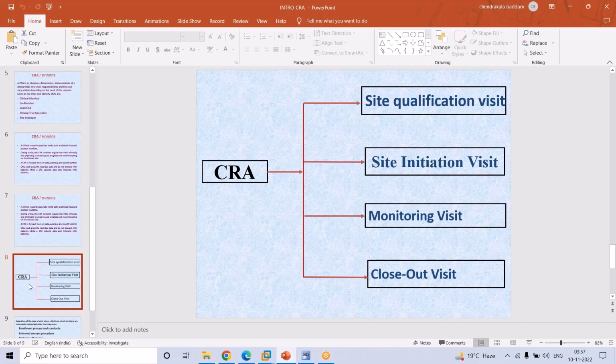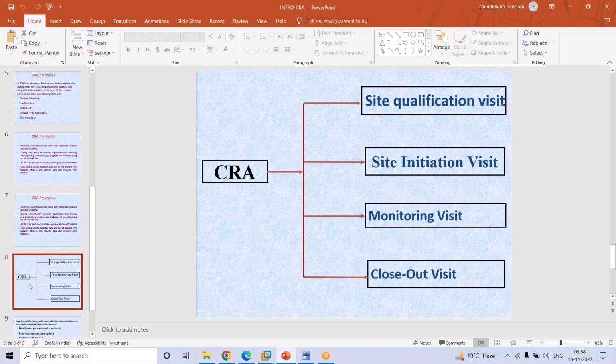During this visit, both investigator and CRC must be present at the site. Okay.